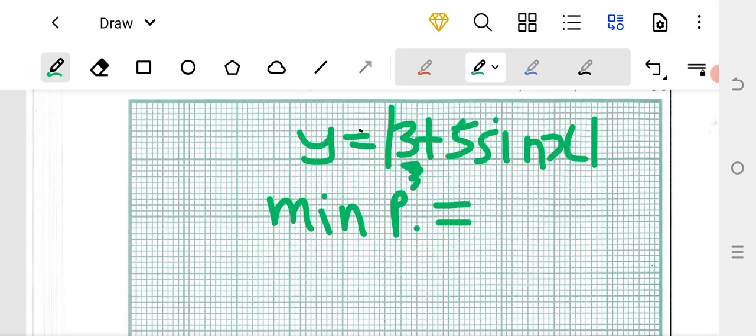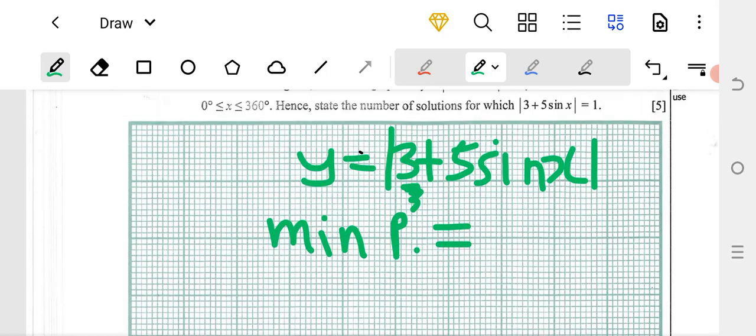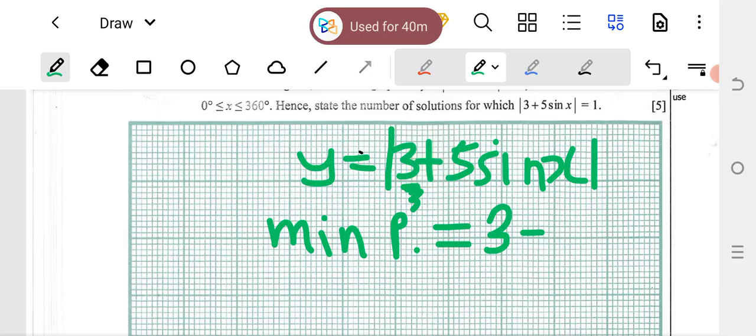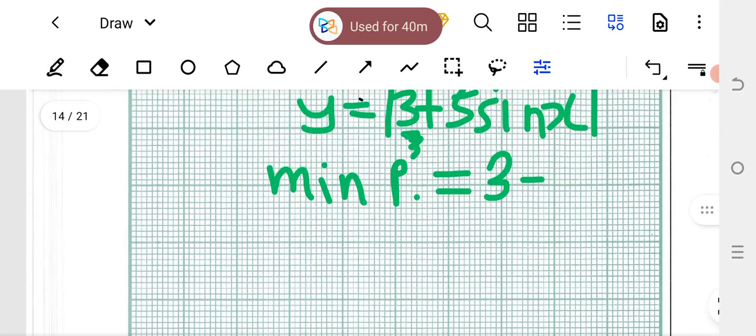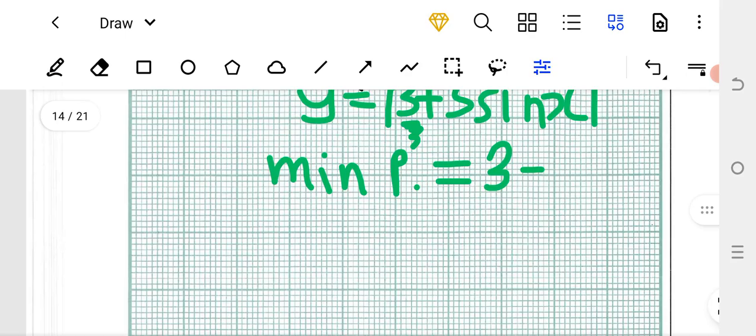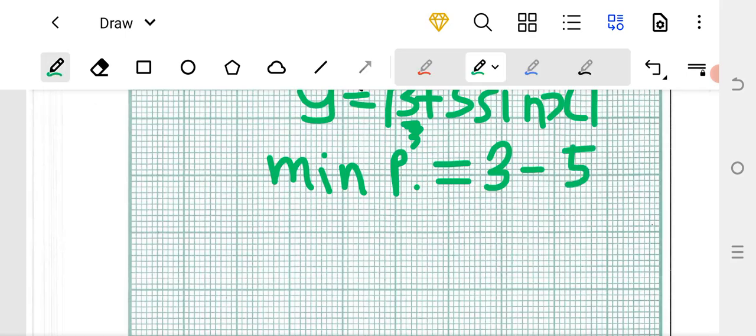In the modulus here, there's no negative in front of 3. It's just a positive 3. So you say 3 minus this 5. Even if there was a negative sign here, you would still take a positive 5. Please take note. So 3 minus 5, which means the minimum point is going to be equal to negative 2.